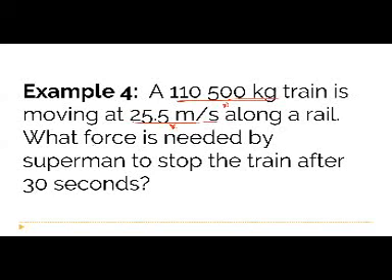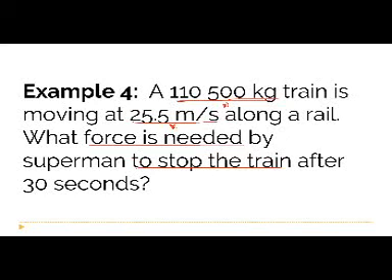What force is needed by Superman to stop the train?